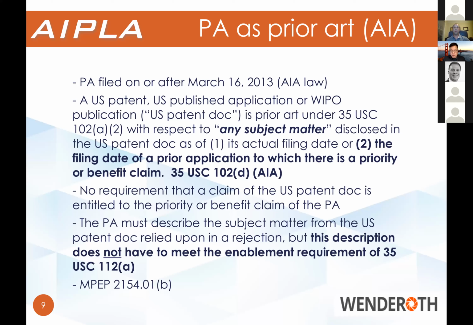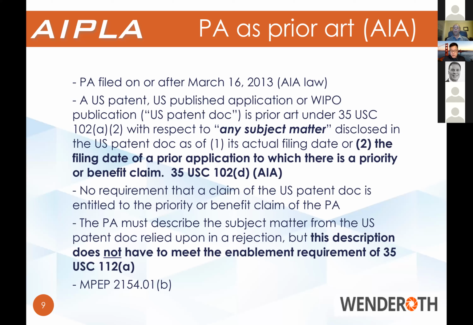This is under 102(d). So what does that mean? That means you can use the filing date of the provisional application as the critical date for the reference of a US patent or publication or WIPO document.